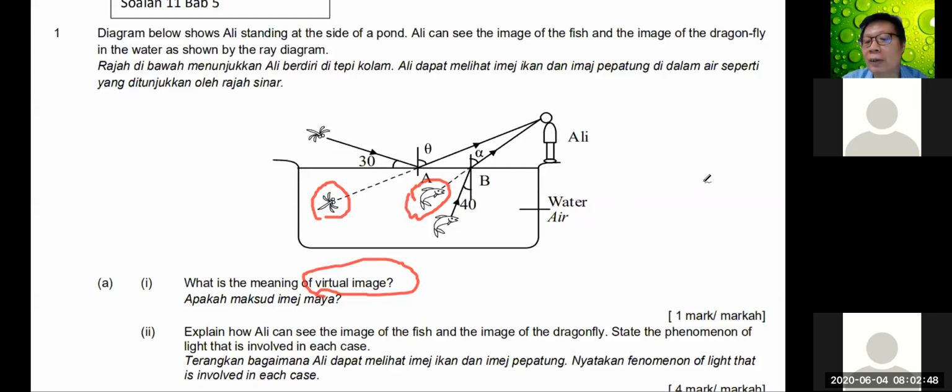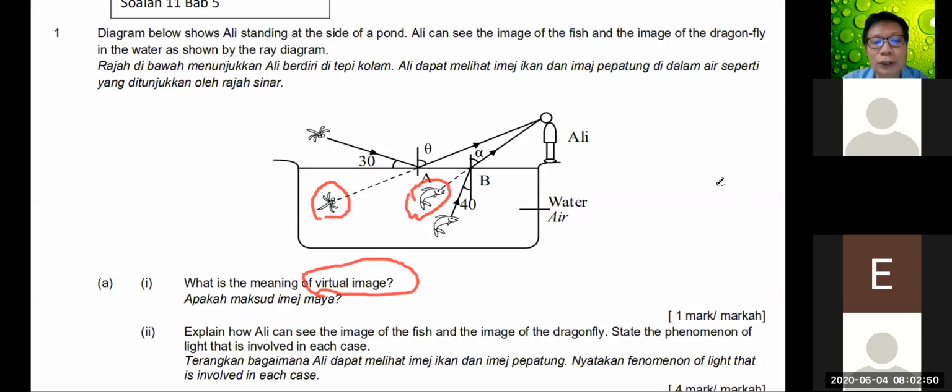Virtual image is not real. What is virtual? Not real image, no. You cannot answer like that. If people ask you what is positive, you say not negative. If people ask you what is negative, you say not positive.